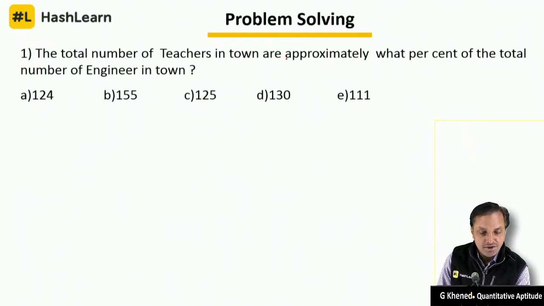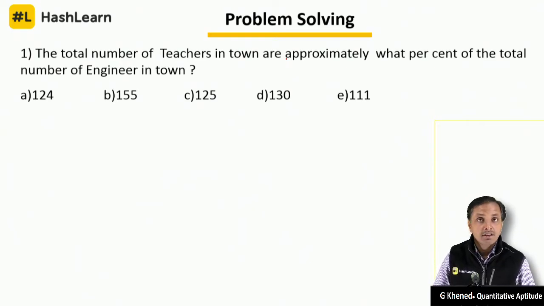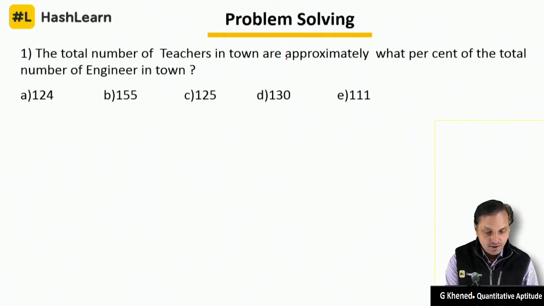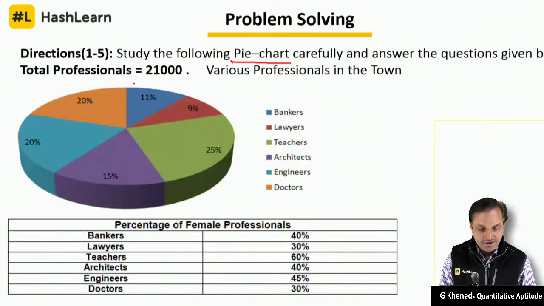The total number of teachers in town are approximately what percent of the total number of engineers in the town? Okay. Let us go to the charts given and analyze. We should concentrate on the teachers and the engineers. So where are the teachers?